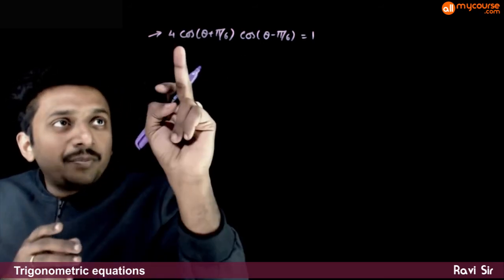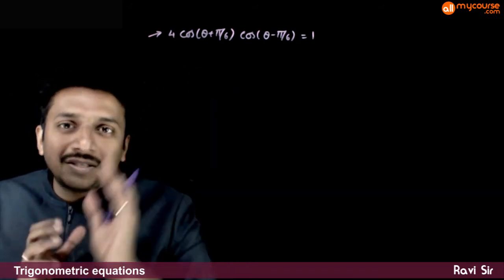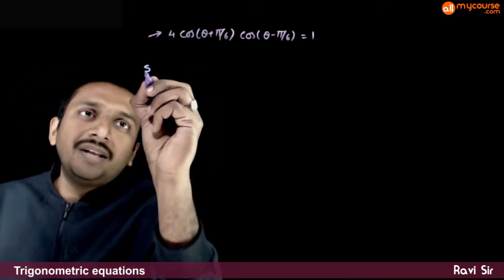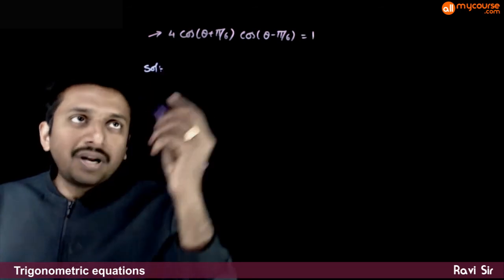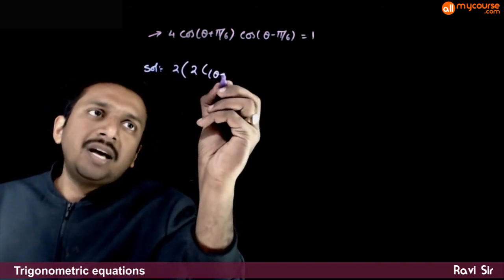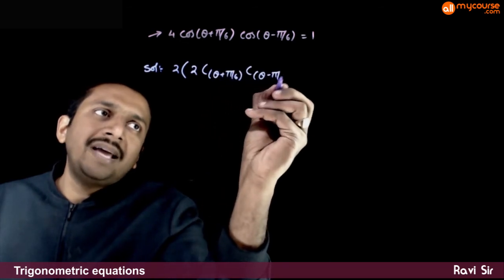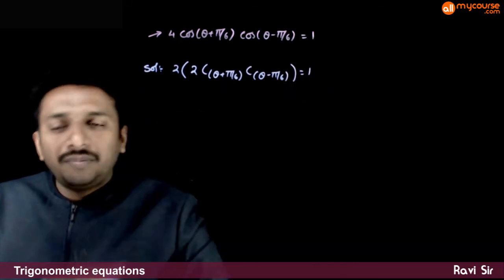But here the product is equal to 1, so you cannot use that logic directly. So what I do here is, 4 is nothing but 2 times 2, so 2 times 2 cos(theta plus pi by 6) into cos(theta minus pi by 6) is equal to 1.